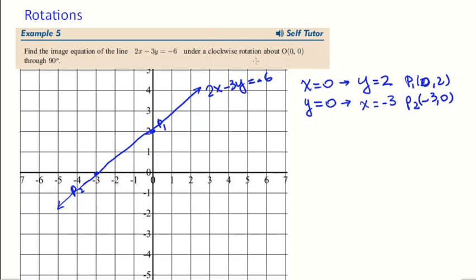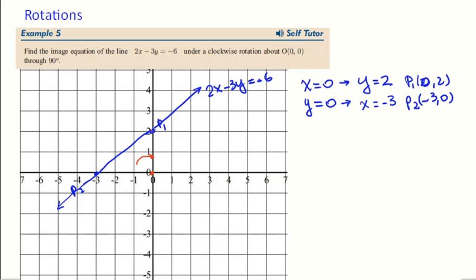Now, if we're looking for a clockwise rotation about this point, for example, point P1, if it was here, and now it's going to undergo a clockwise rotation. So clockwise, it's going this way.